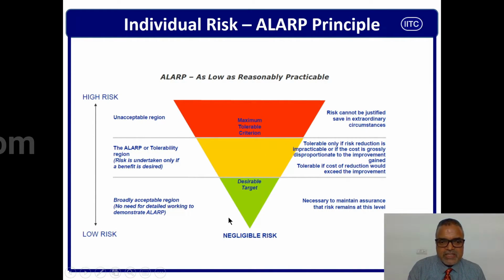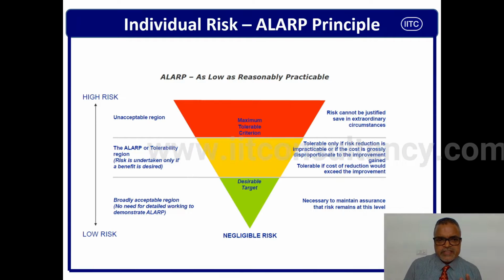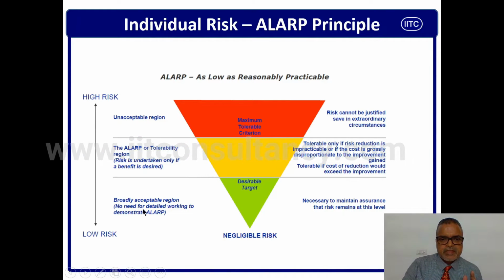Now you are coming to the green zone, which is the bottom part of this triangle. So guys, in this region, it is a broadly acceptable region and there is no need for detailed working to demonstrate ALARP, but it is necessary to maintain assurance that risk remains at this level always.